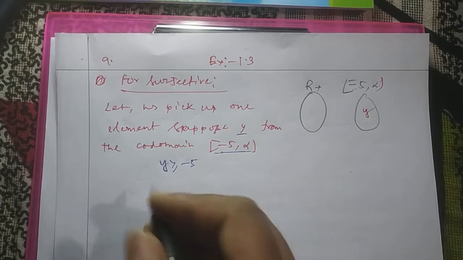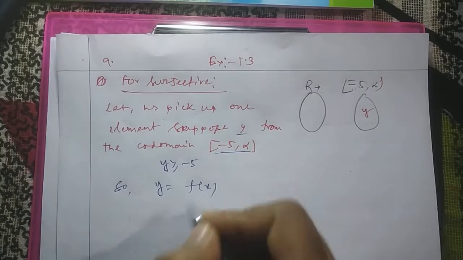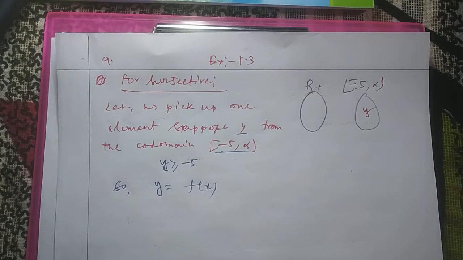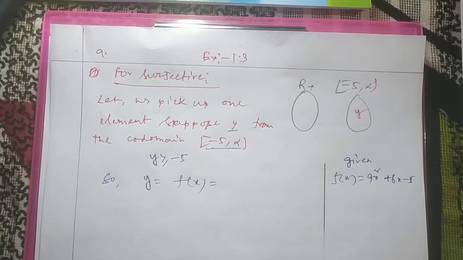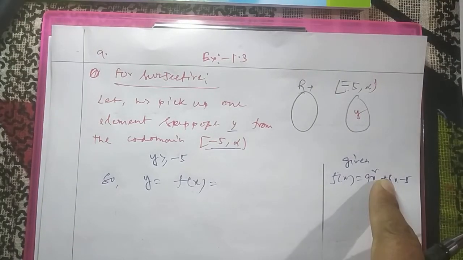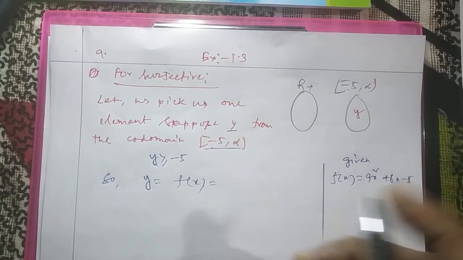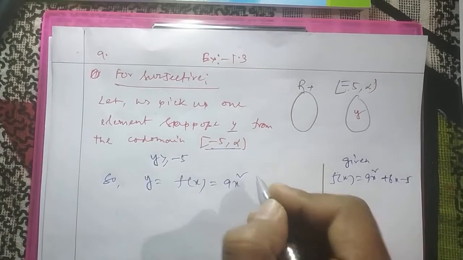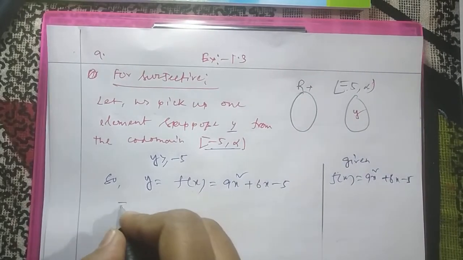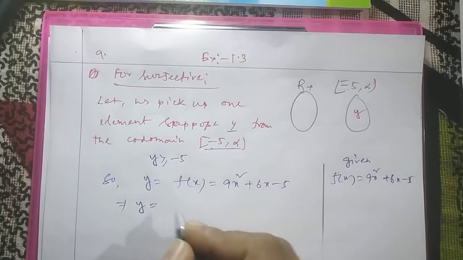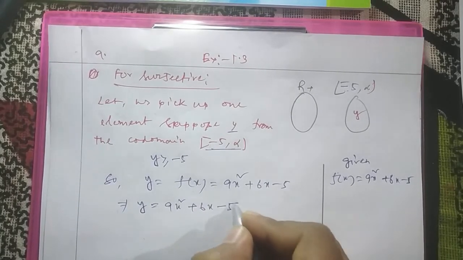So obviously y will be equal to f(x), correct? Here f(x) was 9x square plus 6x minus 5. So ultimately we have y equal to 9x square plus 6x minus 5. Correct?